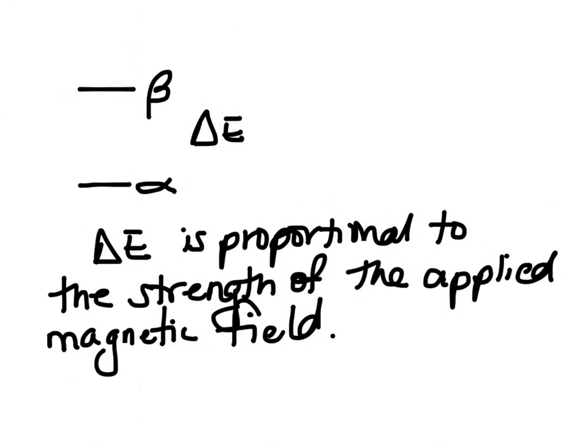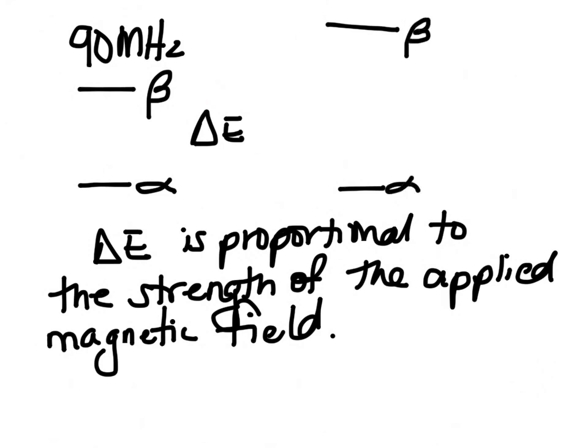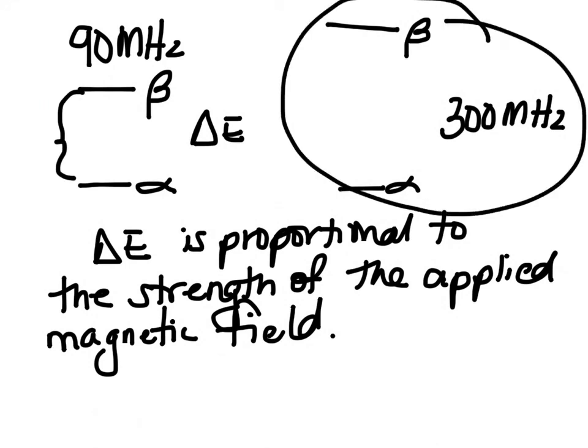So if this was a 90 megahertz instrument versus a 300 megahertz instrument, you would see that there's a smaller energy gap for the 90 megahertz compared to the 300 megahertz.